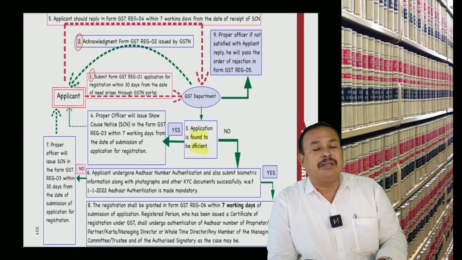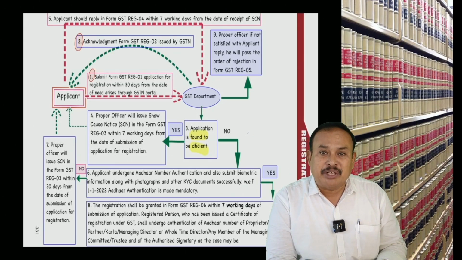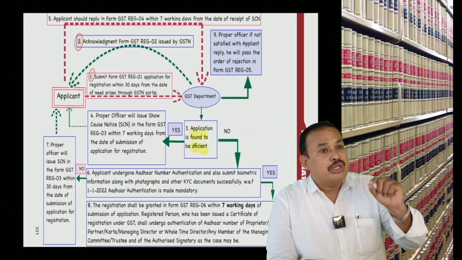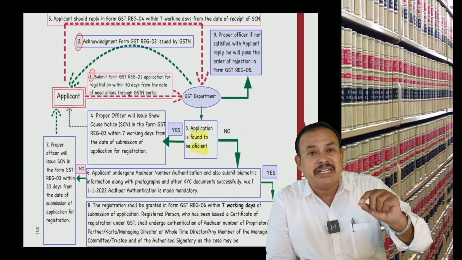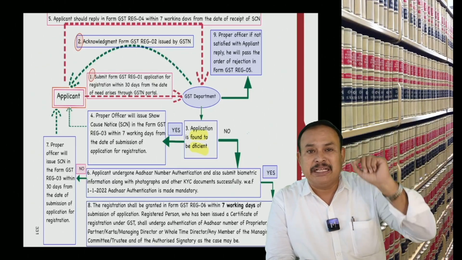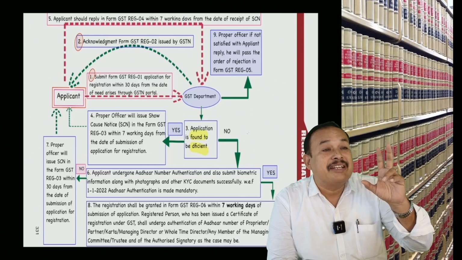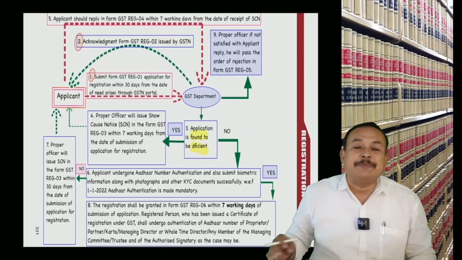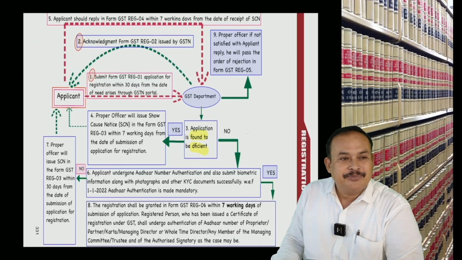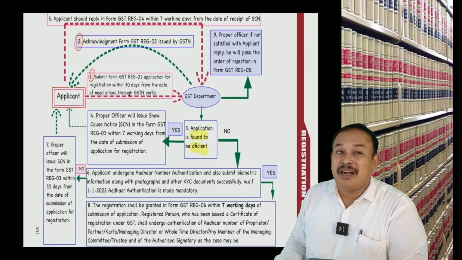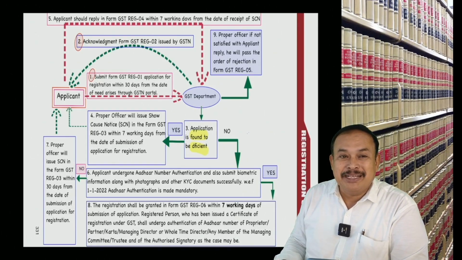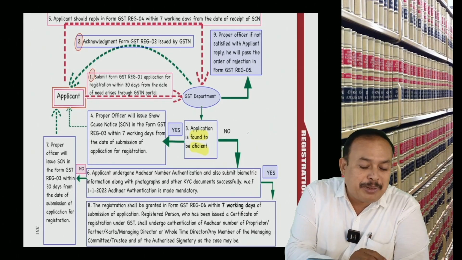Provide additional documents. Like that, the department officer will issue a show cause notice if he notices any deficiency in the application for registration, within 7 working days from the date of receipt of the application. Then the ball is in the court of the applicant. The applicant should reply to that.